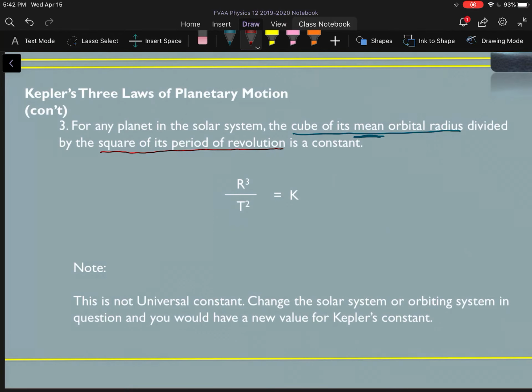Any other planets orbiting the sun, all planets orbiting the sun will have the same k value. If you take the cube of their mean orbital radius divided by the square of their period of revolution, all planets orbiting around the sun will have the same k value. Okay, that k value is defined for the source of the orbiting motion of the satellites.